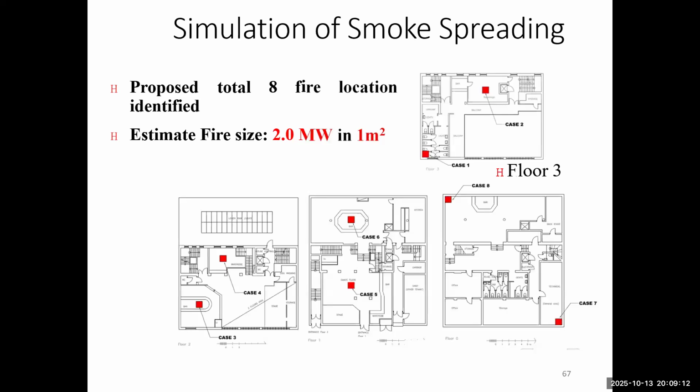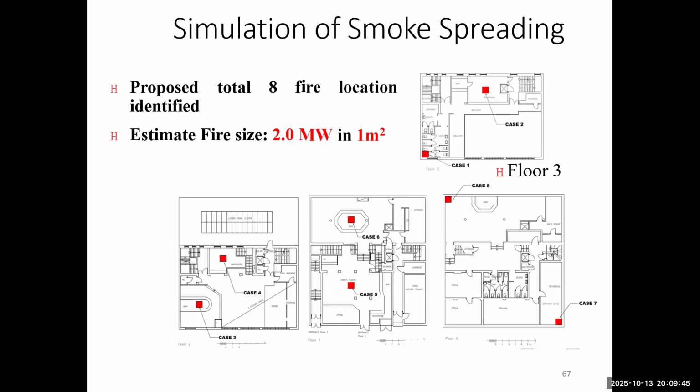We mentioned their building layout and the simulation of the smoke spreading by using not only one fire scenario, but 8 fire scenarios. So here are our 8 cases, with different fire scenarios, and we estimated the fire size. All of the fire sizes are equal to 2 megawatt in 1 square meter.